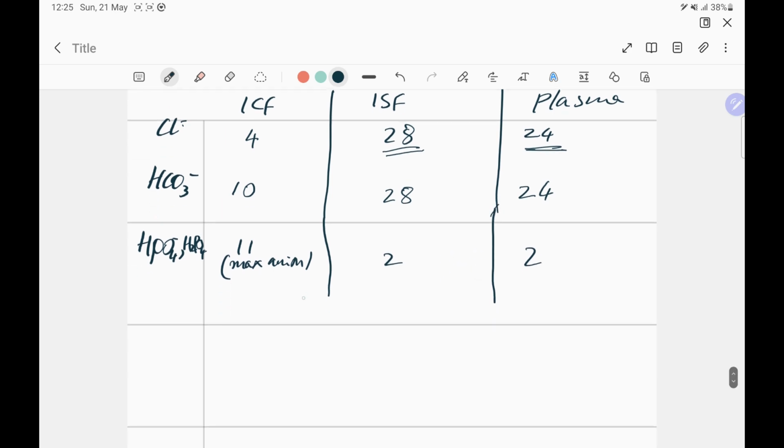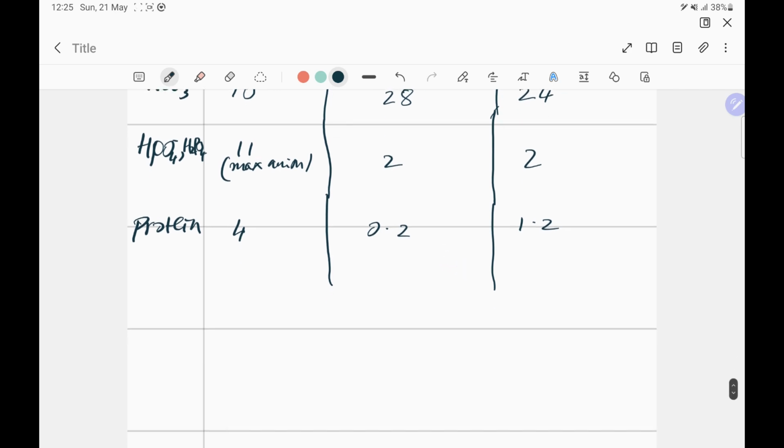Now the other thing you should be aware of is protein. Protein is concentrated in your cells. Your cells have DNA, they make RNA, and that makes protein. So for protein we have 4 in terms of concentration there. In ISF it is around 0.2 and only 1.2 in the plasma, in terms of milliosmoles per liter.